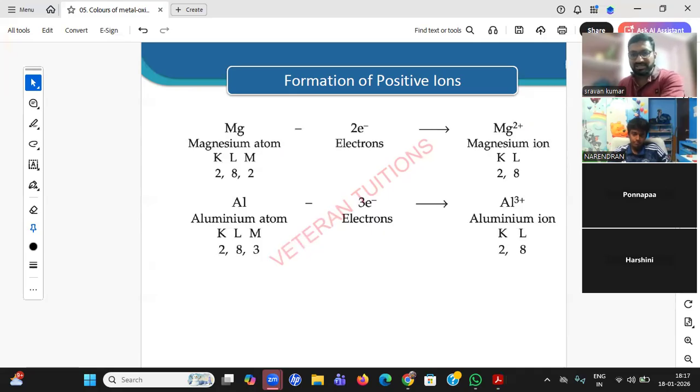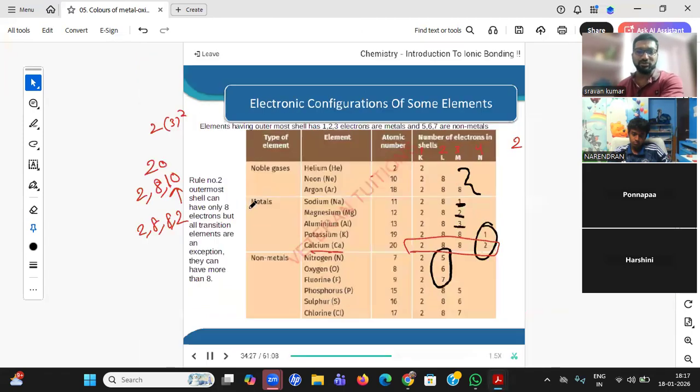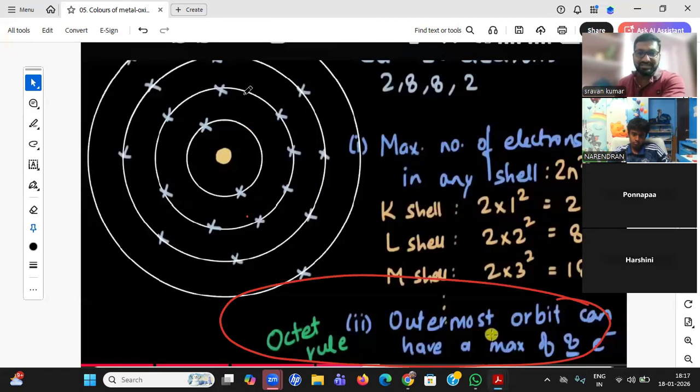The maximum number of electrons a shell can have is 8, if it is outermost. If it is innermost, follow the 2n square formula: 2, 8, 18.